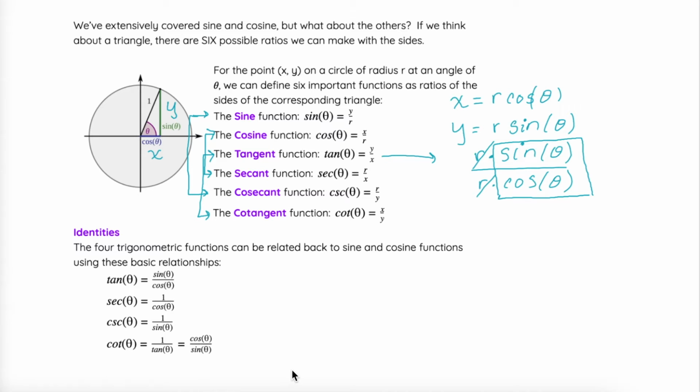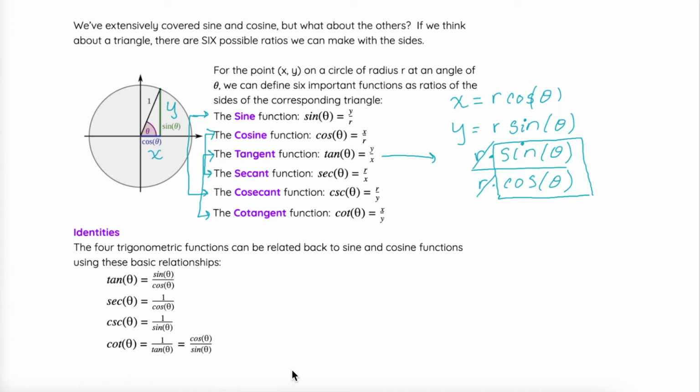And then tangent and cotangent are also reciprocals of one another. So here are some important identities that we're going to need that are all related and can be written in sine and cosine. Once we start transforming and simplifying trig functions, it'll be important for us to be able to write things in sine and cosine, as it is much easier for us to simplify items.